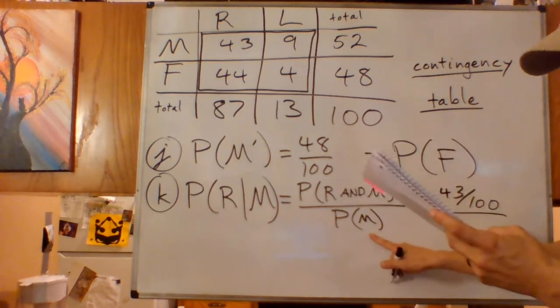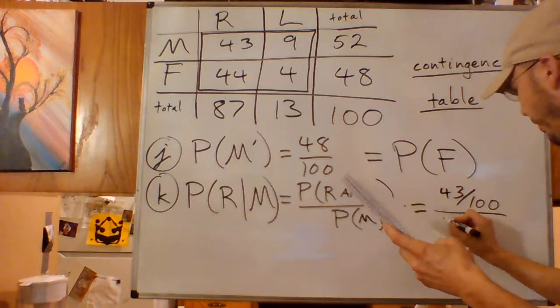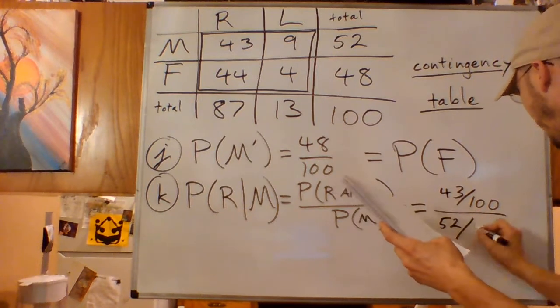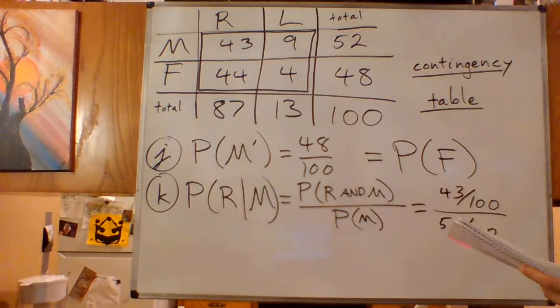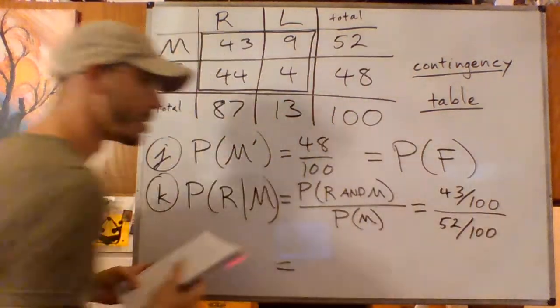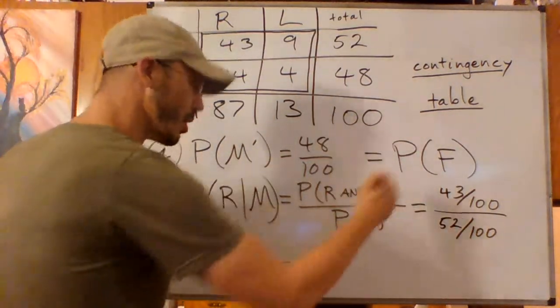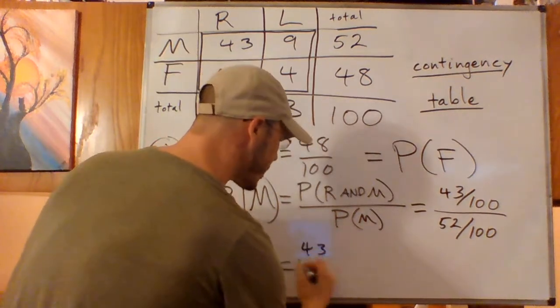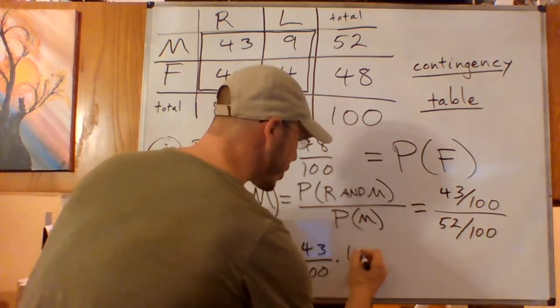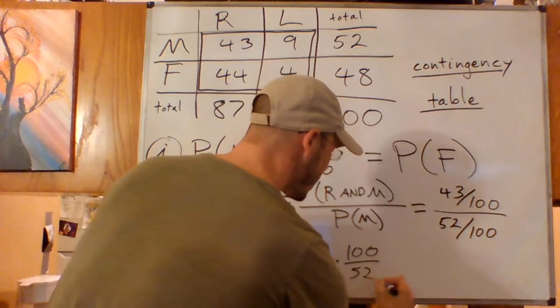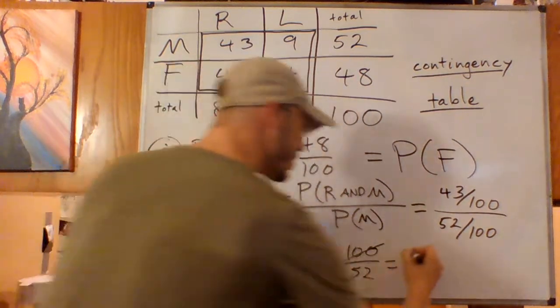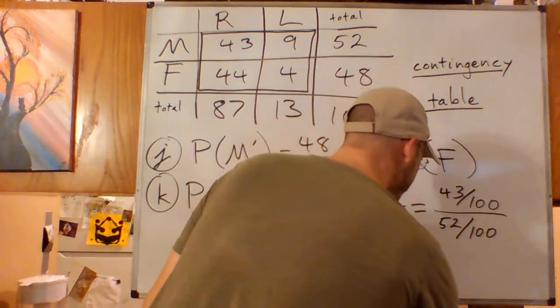And then divided by the probability of M, that was the first thing we did, 52 out of 100. So if I multiply by the reciprocal, 43 over 100 times 100 over 52, the hundreds cancel and I get 43 out of 52.